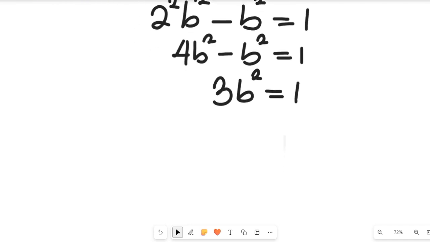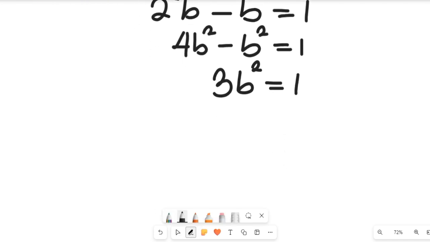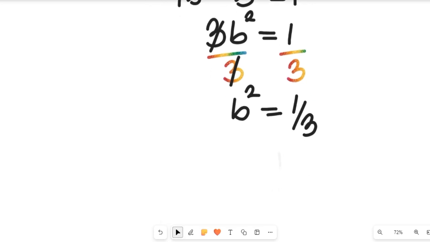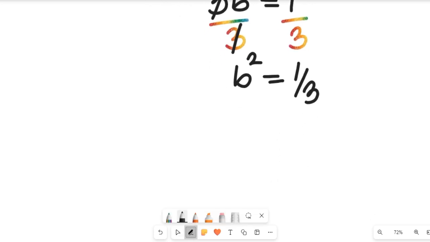Now, do you see that we can find the value of B squared here? If we divide both sides by 3, right? And when we do that, we clear this, and then our B squared will be equal to 1 divided by 3. Now, what do we do to get the value of B? We are simply going to take the square root of both sides.